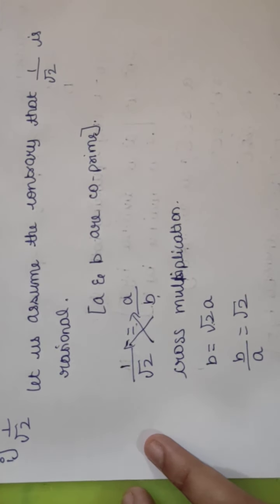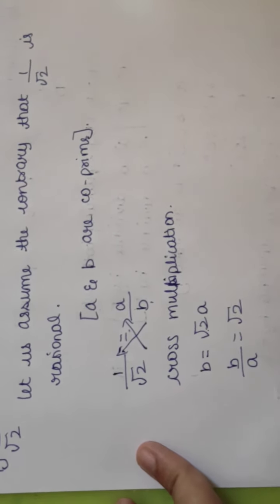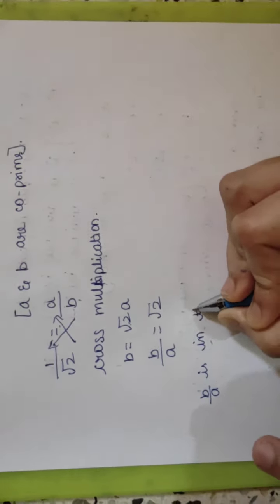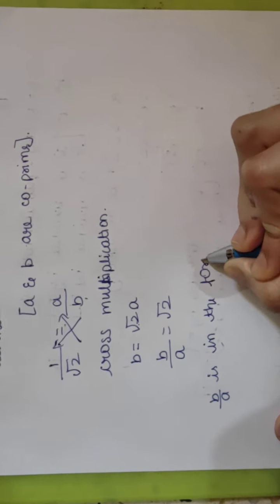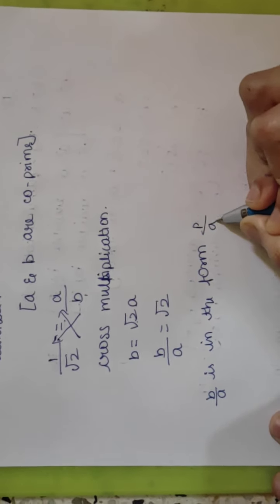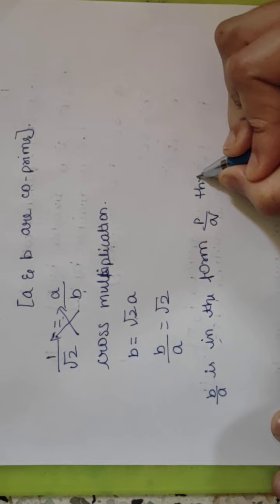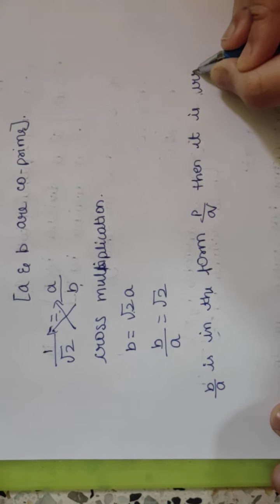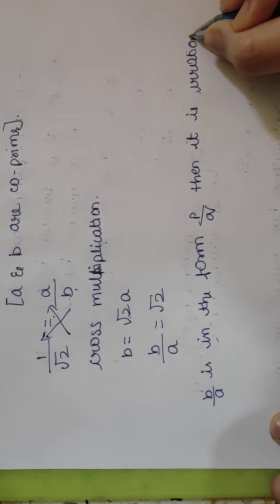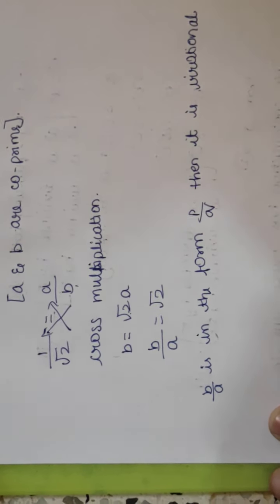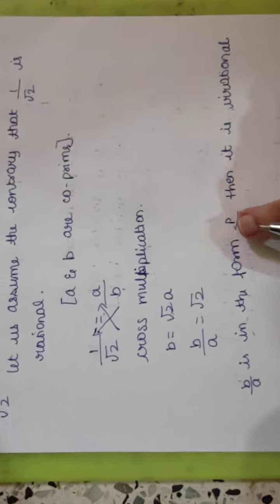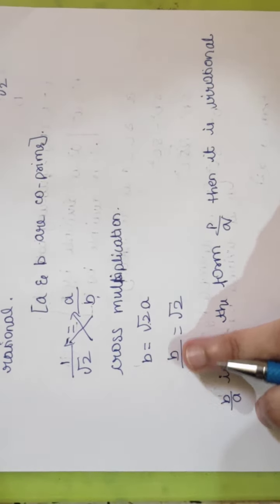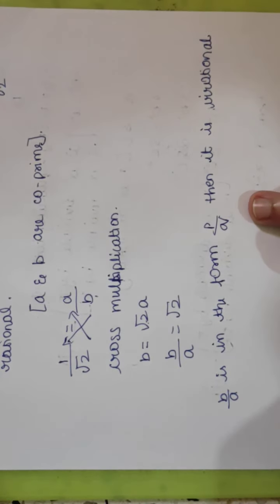So here we can see that b by a is in the form p by q. Now the irrational numbers will never be in the p by q form, but here you can see that b by a is in the p by q form.